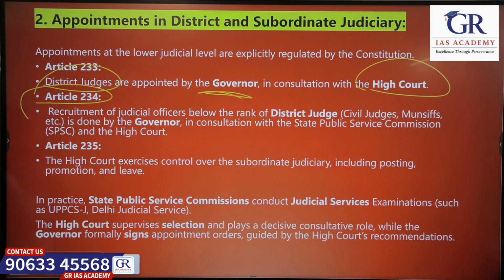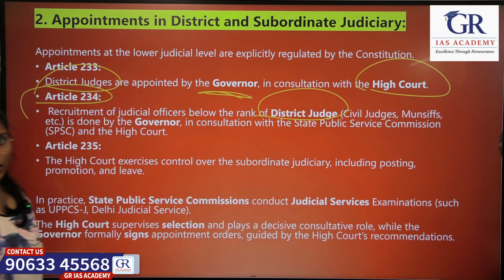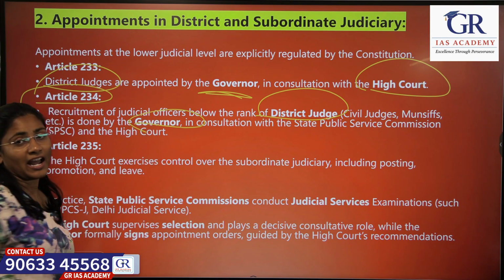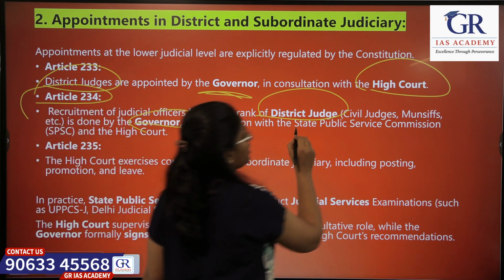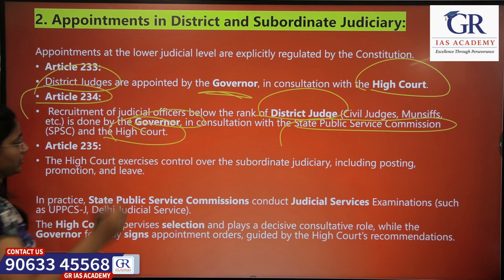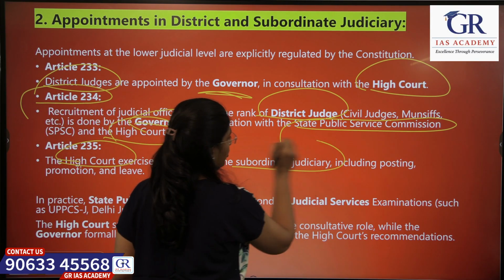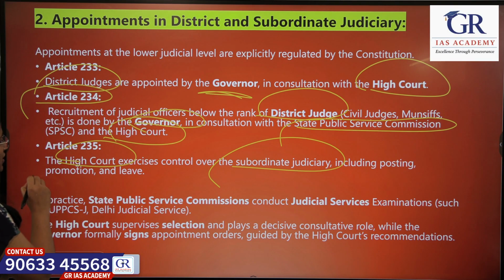Article 234 deals with the recruitment of judges below the rank of district judge. Here it is done by the governor, who takes the consultation of the State PSCs and the High Court. The High Court has control over lower courts, including posting, promotion and leave, even transfers as well.